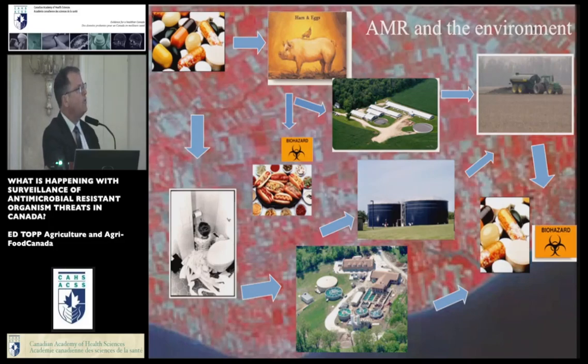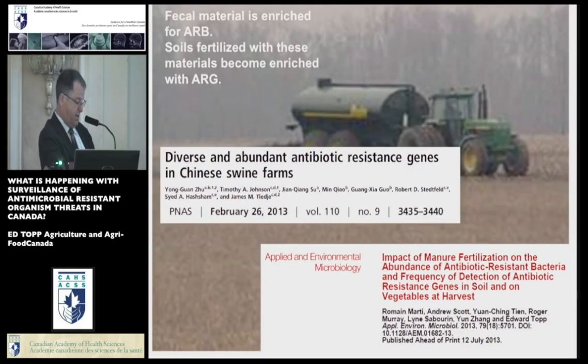And we can regulate where and when and how these materials are applied into crop production systems. What is the evidence to substantiate what I just told you? Many studies showing that, this particular one from China, showing that fecal material from farm animals that are medicated contain large numbers of antibiotic-resistant bacteria and genes, and that crop production systems that receive these materials are enriched in antibiotic-resistant bacteria.